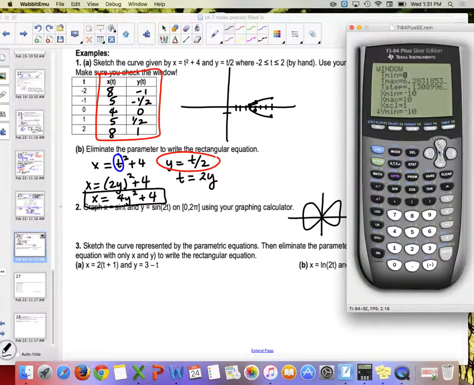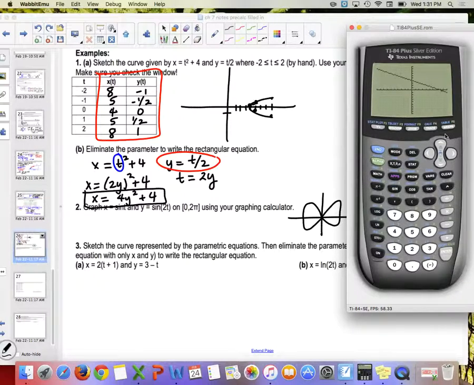So now we're all the same. Now adjust from there. I'm going to do -10 to 10 for my t min and t max. T-step should be positive 0.13. All right, and I hit graph.